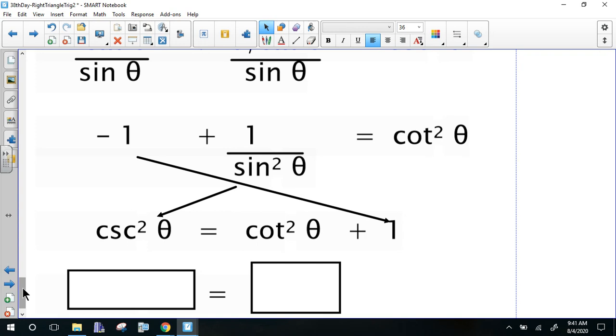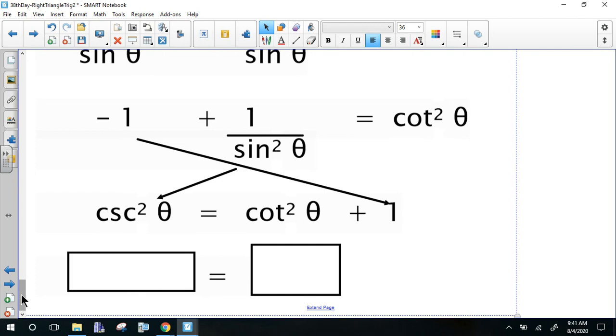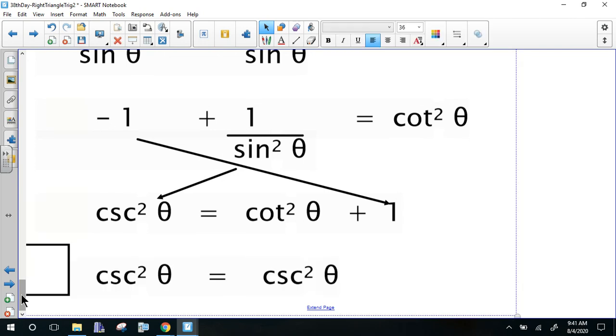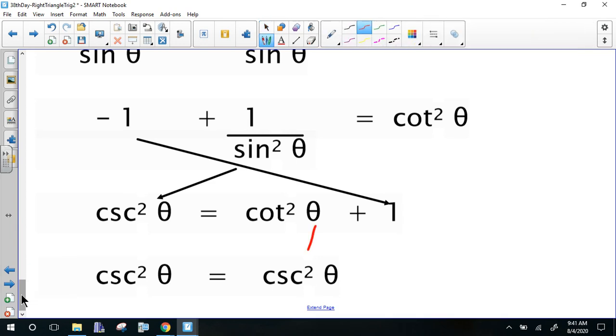If I move the 1 to the other side, I'm adding it. And my identities tell me that cotangent squared theta plus 1 equals cosecant squared theta. We'll get a lot more practice on those, and you'll see a lot more of these in the next unit also.